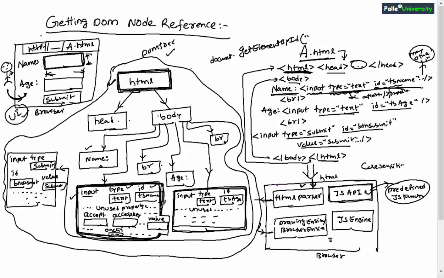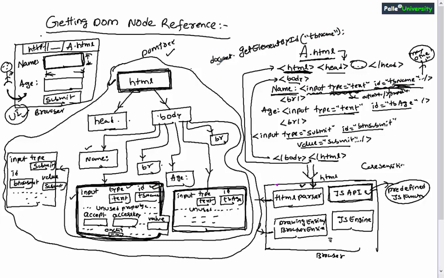Now you observe this node. In this node we have the id property whose value is tbName. In order to identify this node reference to this getElementById function, I must pass the id value. The id value is tbName. You observe carefully. My name text box id is tbName. I am passing the same thing. In fact, this is the one which is stored over here.